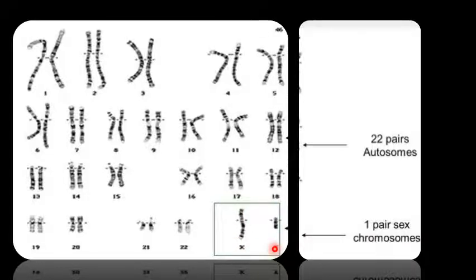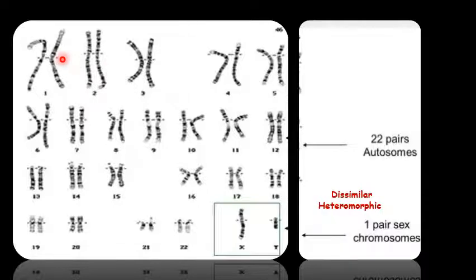Based on their morphology, that is, their appearance, we can differentiate sex chromosomes into two types. If you look at this, we have 23 pairs of chromosomes in total. Of these, 22 pairs are almost similar to each other, hence we call them autosomes.